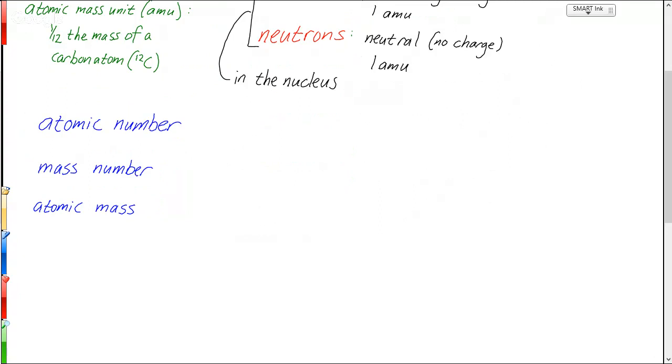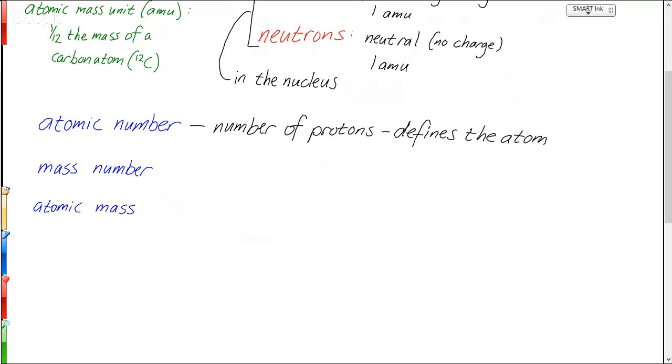So we're going to do what we can to keep these straight. The first one's pretty straightforward. The atomic number is the number of protons, and the atomic number defines the atom. So it tells us what that kind of an atom is called.